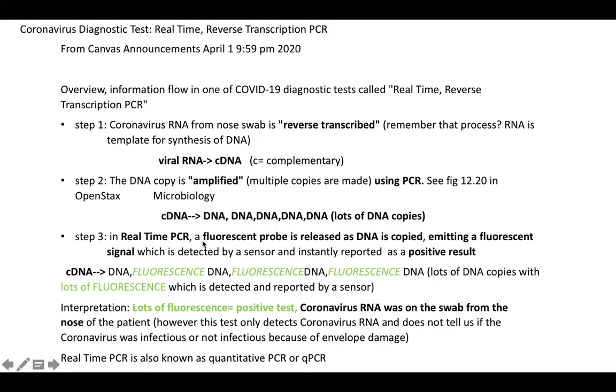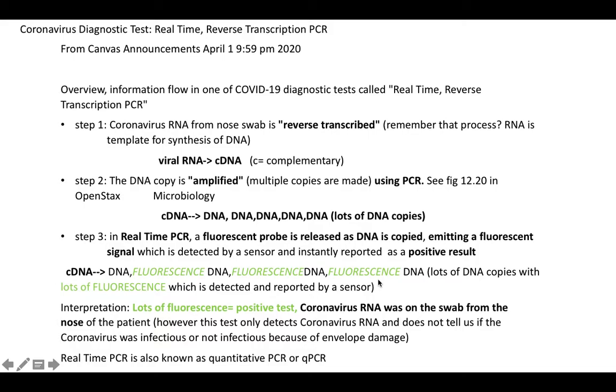And then the third step of this, you guys, is so cool. This real-time PCR, they have a fluorescent reporter molecule that will fluoresce each time a DNA copy is made using PCR. We'll have a fluorescent signal released. So as more and more copies are made, we'll have more and more fluorescence released. And this fluorescence can be detected by a sensor.